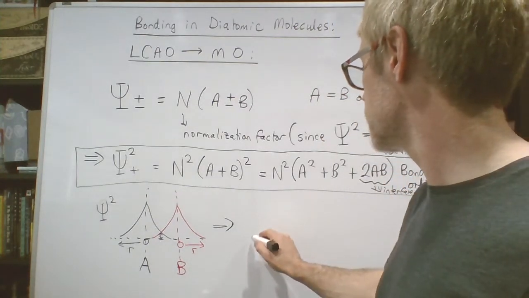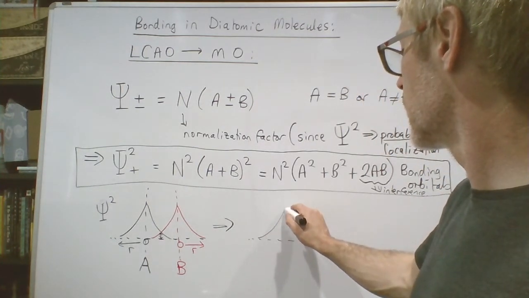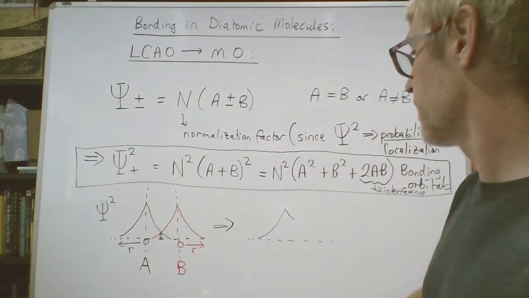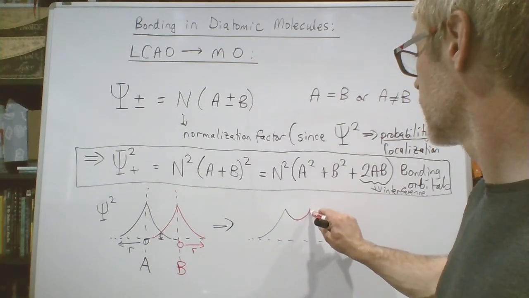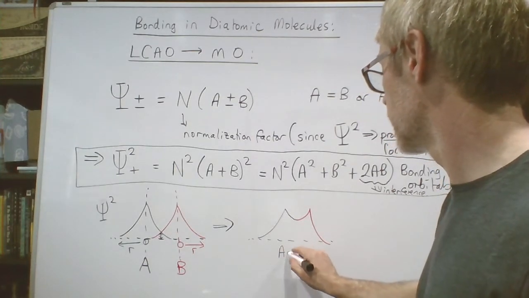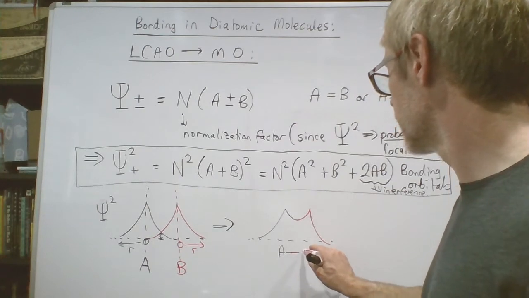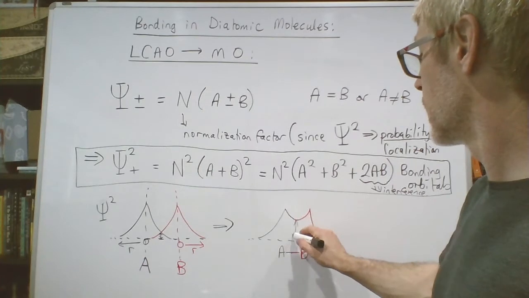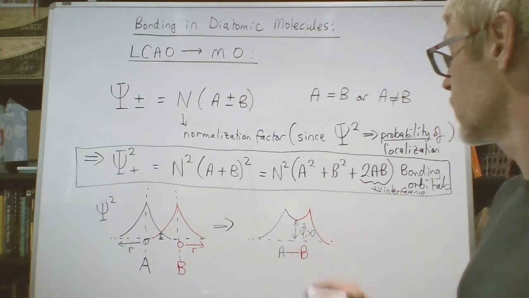So this would just be A essentially bonded to B. Where here psi squared is greater than 0.